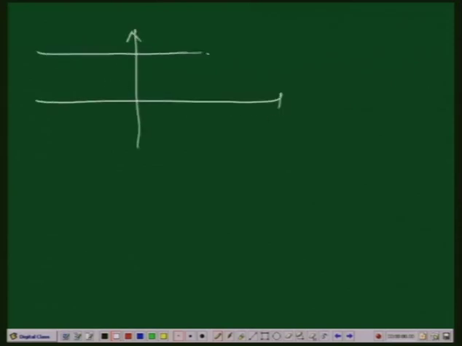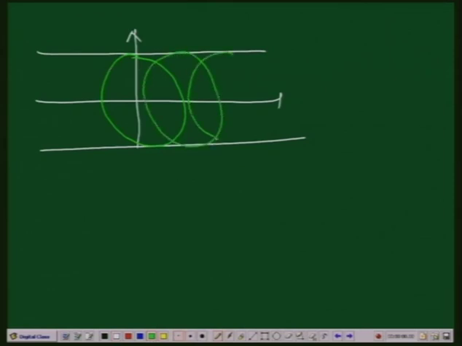This represents family of circles like this. This one particular circle is a particular solution, one particular member of the family. One more member, and all these are members of the general family, general solution. So I have illustrated what general solution is and what particular solution is through this example.